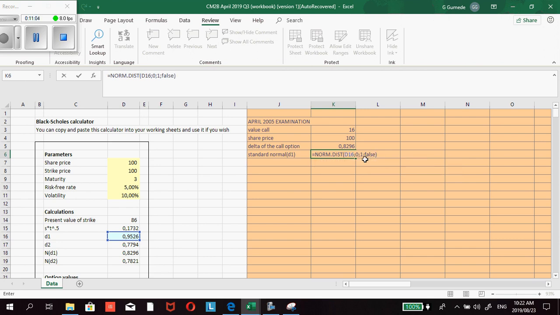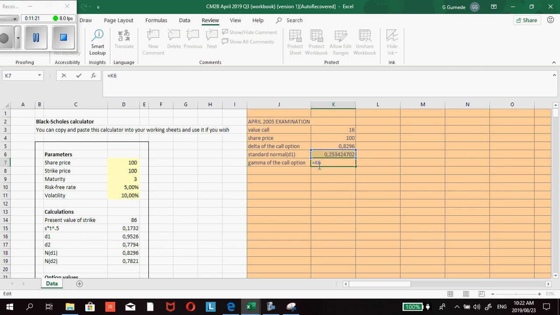I'm going to close my bracket, which means I'm now ready to calculate the gamma of the call option, because the gamma of the call option will just be this here.